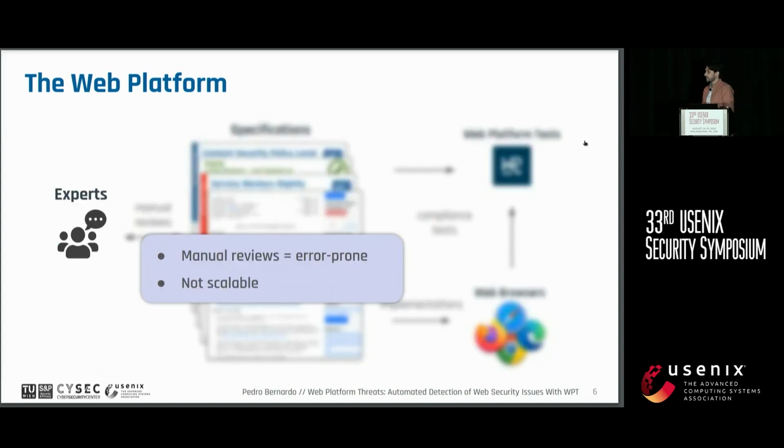Whenever a new feature is added to the web platform, its specifications are manually reviewed by experts who try to find security issues. However, manual reviews are error-prone and are also not scalable, especially as the web platform grows and more interactions need to be considered. And us humans are just not equipped to deal with such level of complexity.